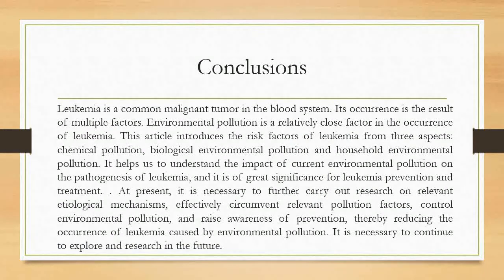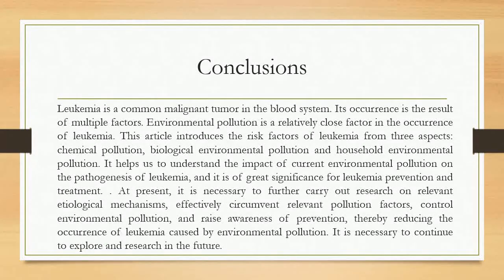In conclusion, leukemia is a common malignant tumor in the blood system. Its occurrence is the result of multiple factors. Environmental pollution is a relatively close factor in the occurrence of leukemia.